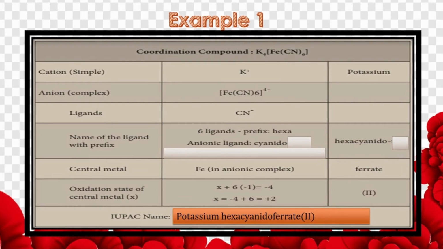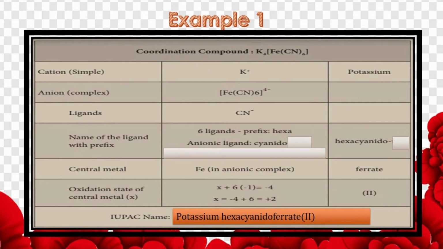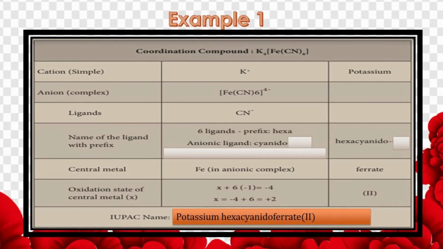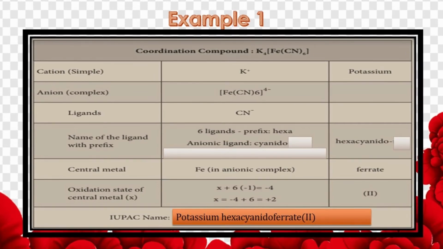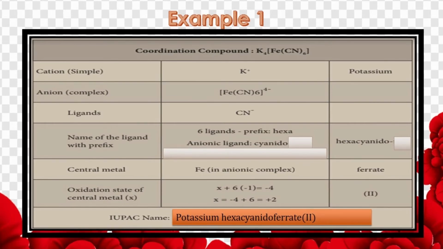Now let's move to the name of the central metal atom. Here the central metal atom is iron. In an anionic complex, the name of the central metal atom ends with ATE, so the name of iron in an anionic complex will be ferrate.